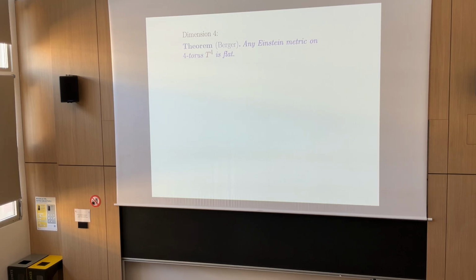higher dimensions. The issue is, if you were to try to classify Ricci flat metrics on the N torus, it goes back to Bochner in the 1940s that you can prove that a Ricci flat metric on an N torus has to be flat. But here, related to your question, we're not specifying the Einstein constant.